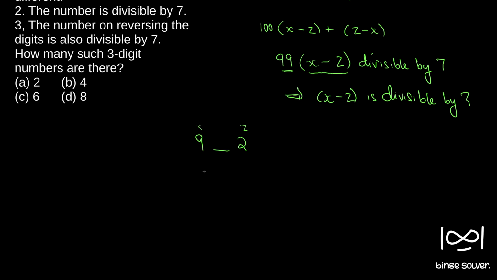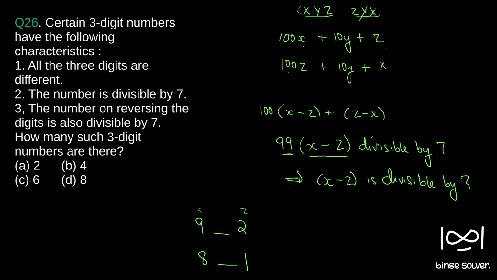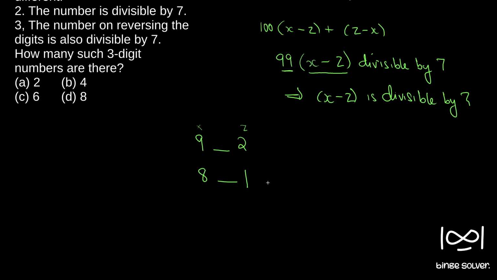And again, if you take 8, we have 1. 8 minus 1 is 7. 7 is also divisible by 7. Is there any other scenario?